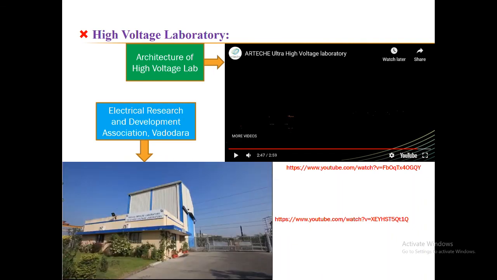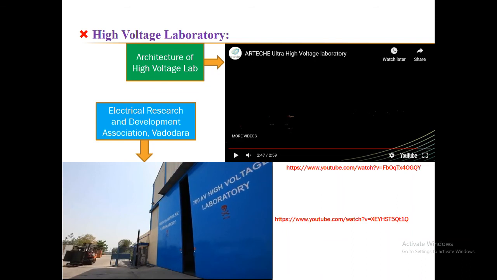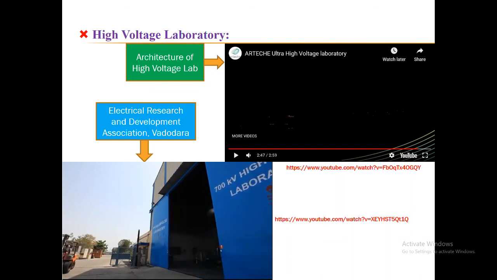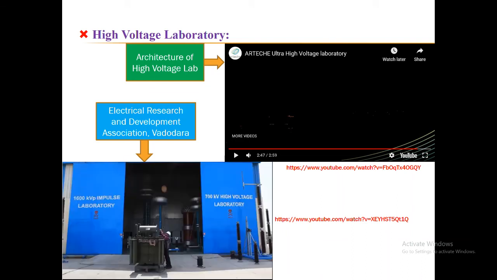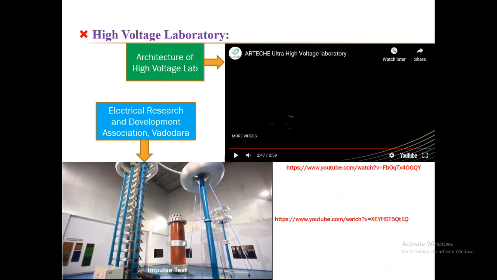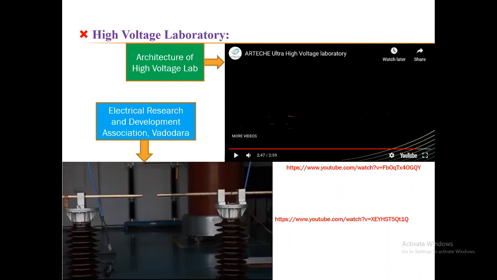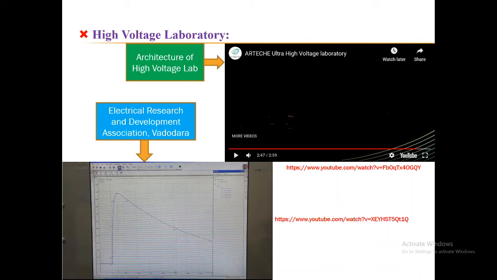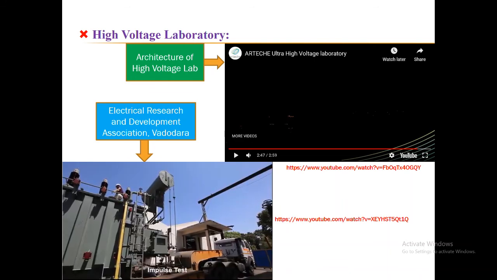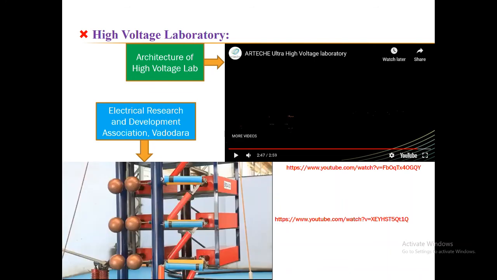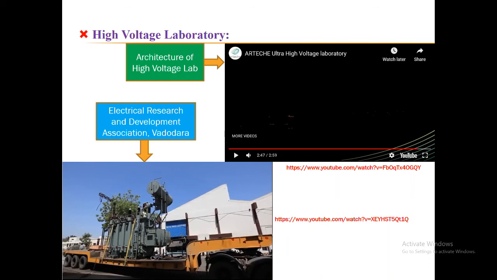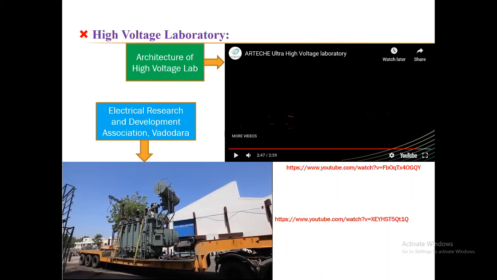ERDA has 3 impulse laboratories with maximum capacity of 1600 kV peak, 80 kilojoules. The sophisticated impulse test laboratory conducts lightning impulse and switching impulse tests on power, distribution and special types of transformers up to 100 MVA 400 kV class.